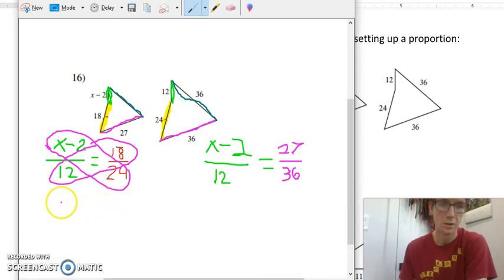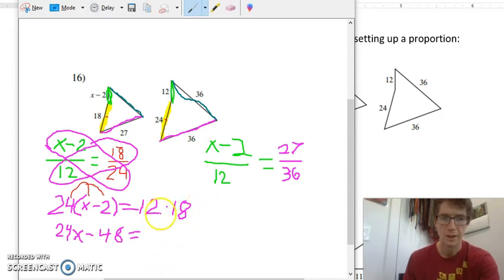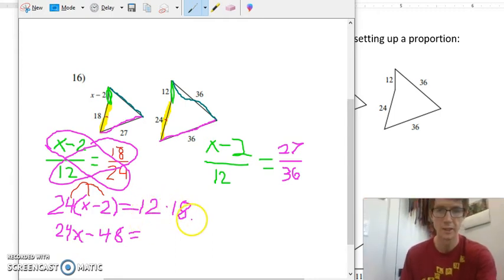So 24 times x minus 2 is equal to 12 times 18. And then we have 24x minus 48. Now we just have to do 12 times 18.